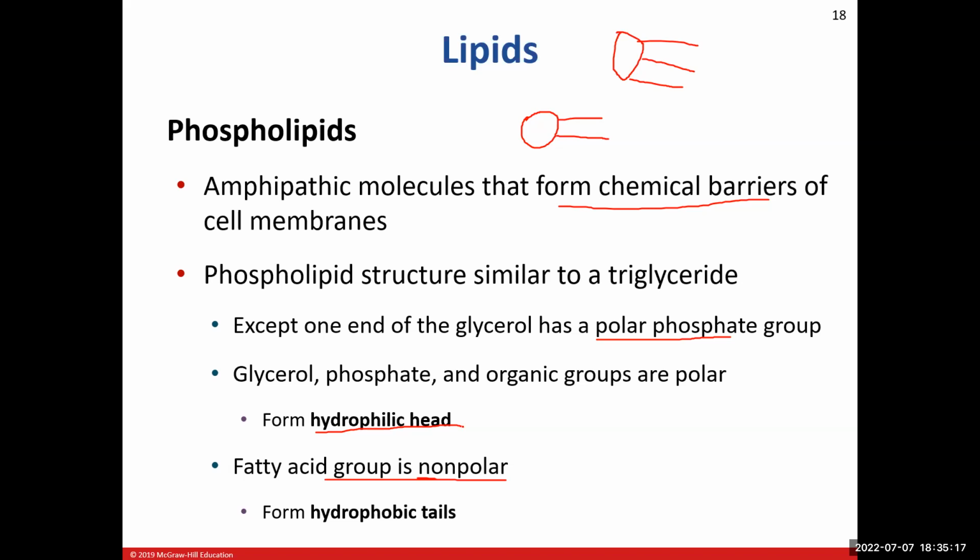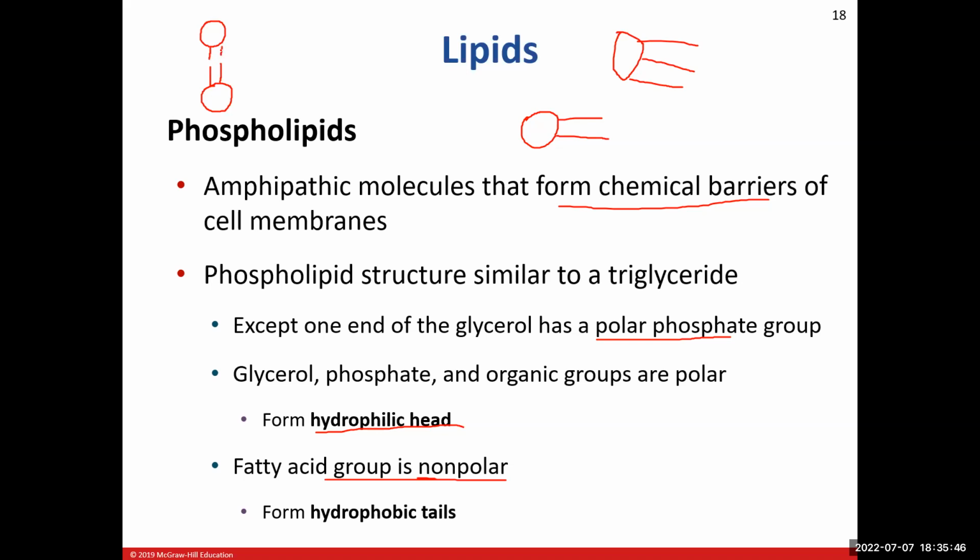But if you recall, our cells have that phospholipid membrane, but to be more specific, we call it the phospholipid bilayer. That bilayer means we have two layers of our phospholipids, but here's the thing: the heads are going to be away from each other and the tails are going to be facing one another.